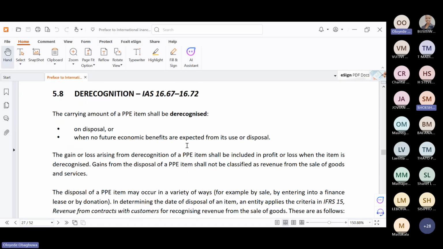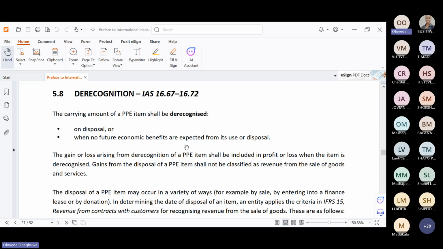Okay. The recognition: the carrying amount of PPE items shall be derecognized on disposal or when no future economic benefits are expected from its use or disposal. When you dispose of an asset, the asset is not supposed to continue to be in the books of the company, so it has to be derecognized.